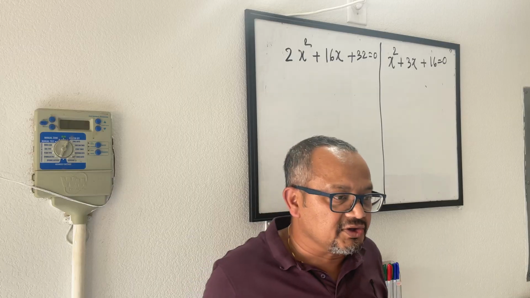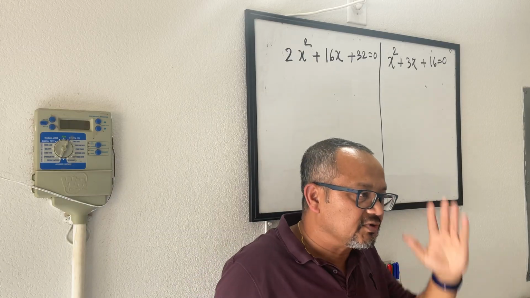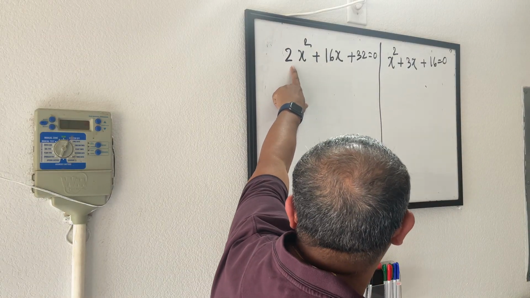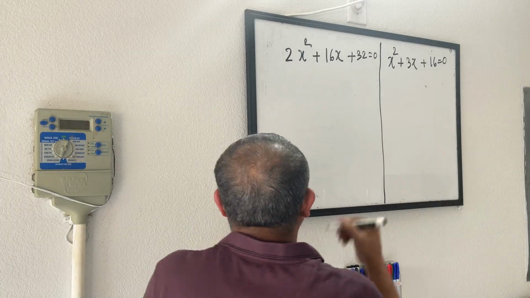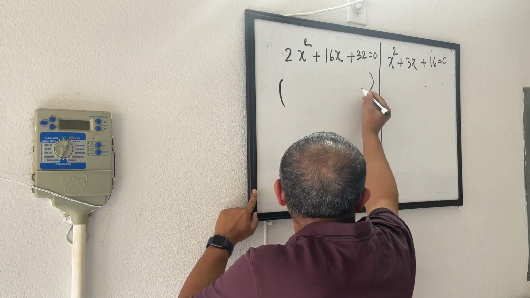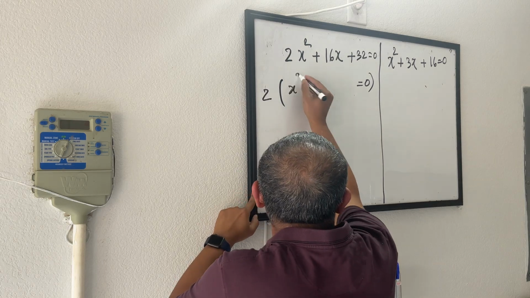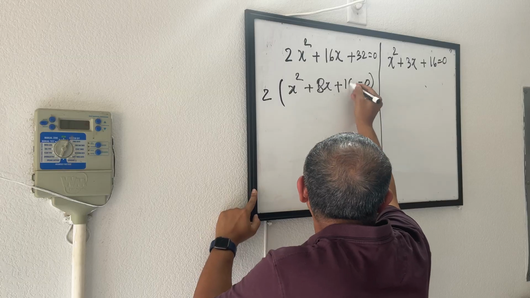Whenever we have an opportunity for simplifying, before we attempt solving a problem, we should try simplifying it. So here you see 2x squared, 16x, 32. So 2 is common here. I will divide the whole thing by 2, and that doesn't impact my health at all. This becomes x squared plus 8x plus 16.